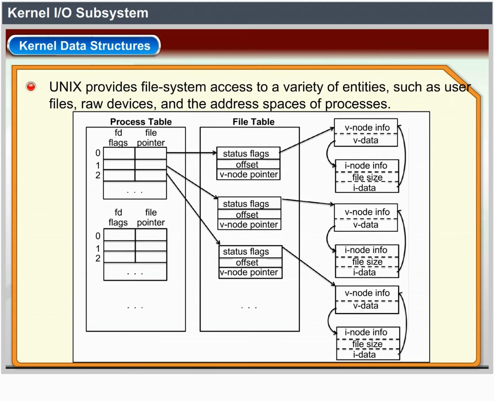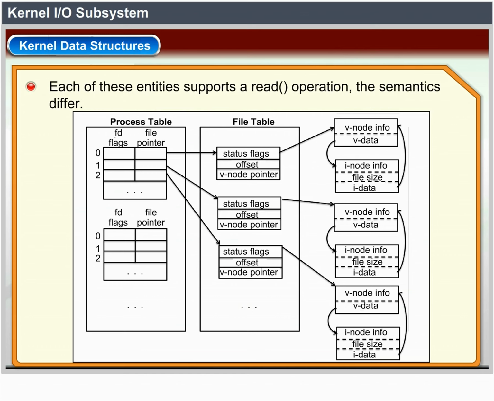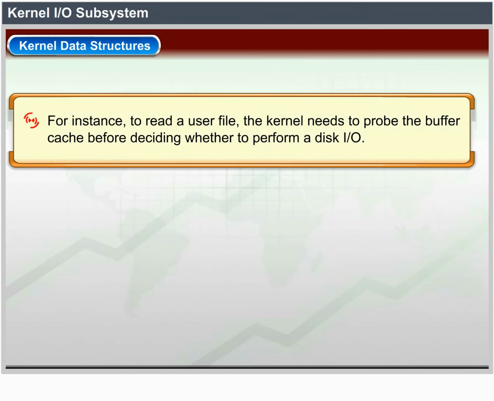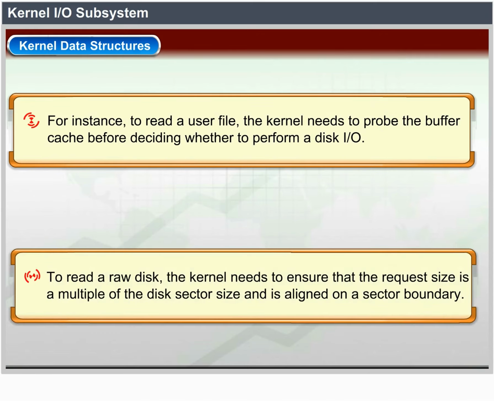Although each of these entities supports a read operation, the semantics differ. For instance, to read a user file, the kernel needs to probe the buffer cache before deciding whether to perform a disk input-output. To read a raw disk, the kernel needs to ensure that the request size is a multiple of the disk sector size and is aligned on a sector boundary.